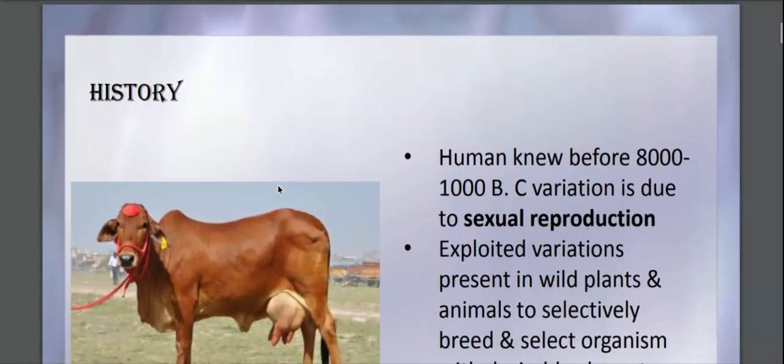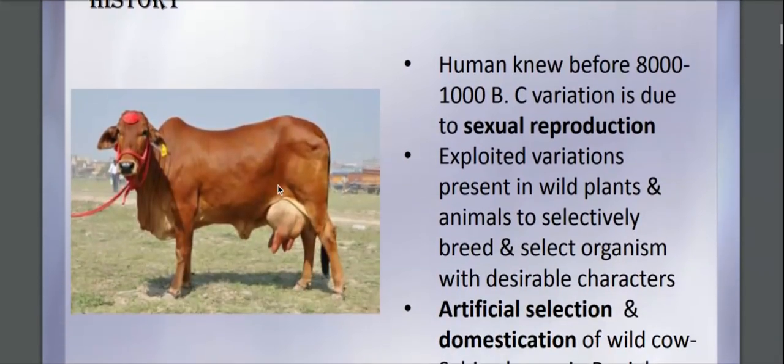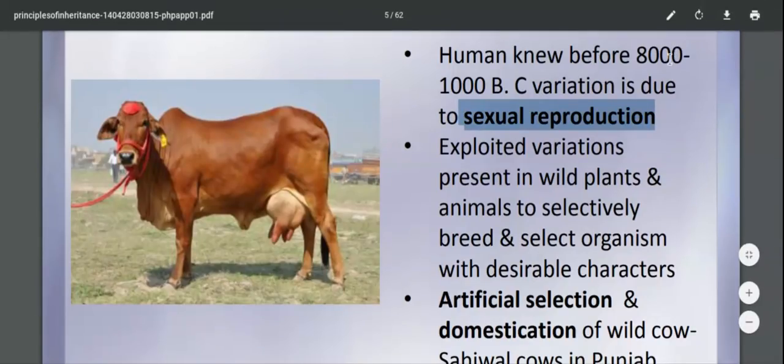Coming to the history, the fact that variation is due to sexual reproduction is not a new finding. It was known much before, that is around 8000 to 1000 BC.